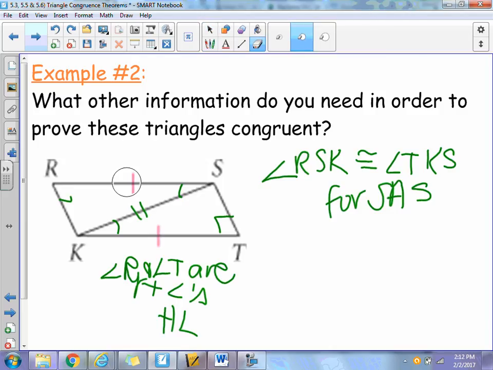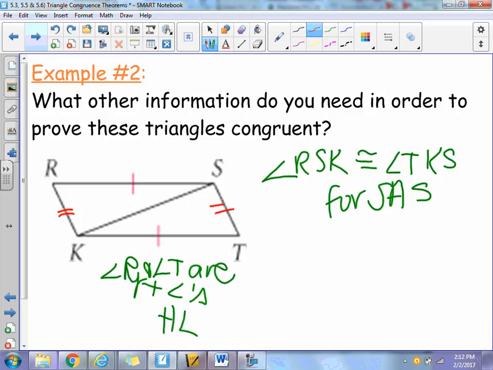If I erased all this, is there one other thing I could have done? What if I said RK and ST are the same? If I made my sides congruent, which theorem could I have used? SSS. So there's 3 different answers you could give to this one problem. It's all on how you see it. Questions?